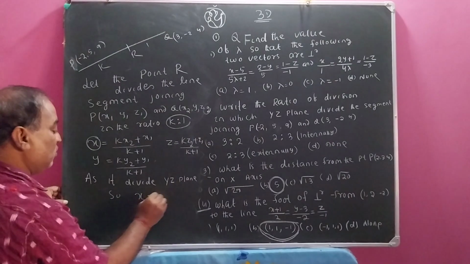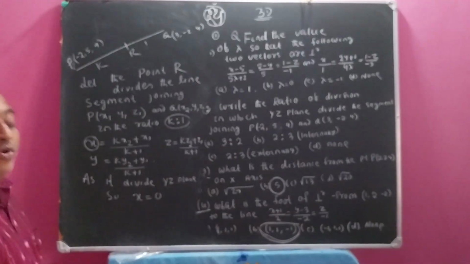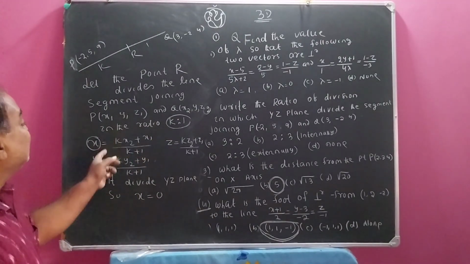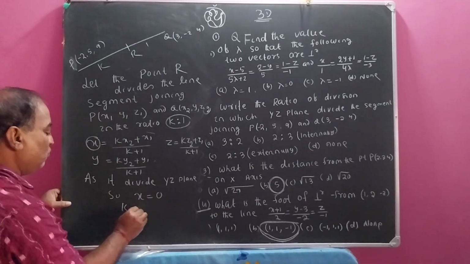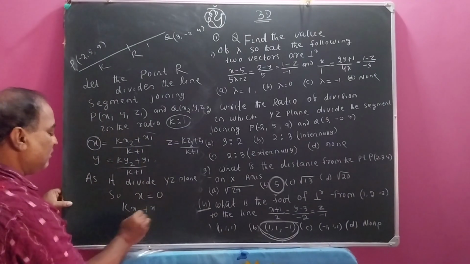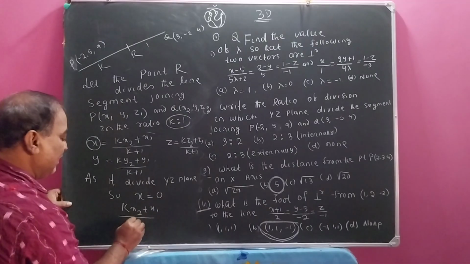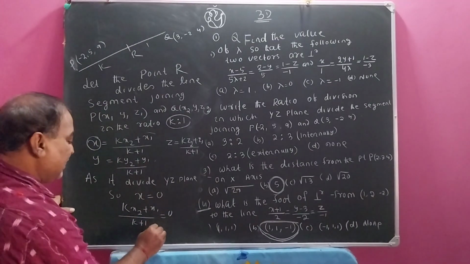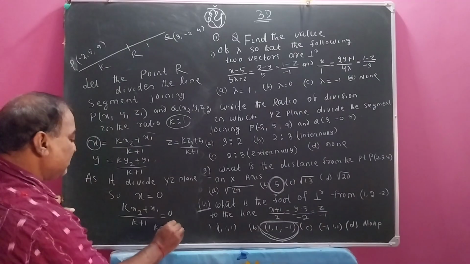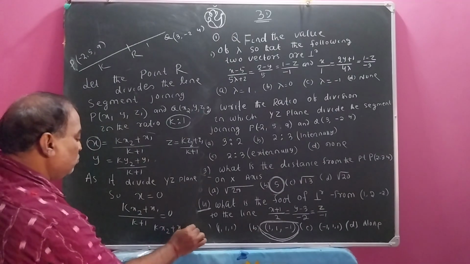So x is equal to 0, that is (k x2 plus x1) by (k plus 1) is equal to 0. So k x2 plus x1 is equal to 0.